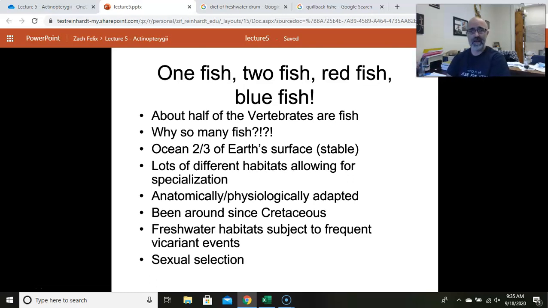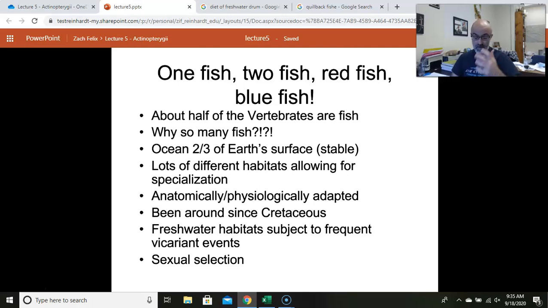So many different habitats that allow for specialization, which tends to promote diversity. And you get these amazing adaptations that we've been looking at, and those really do spur diversity too, because if your anatomy can change to specialize on your food source or your habitat, then that's going to tend to promote speciation.